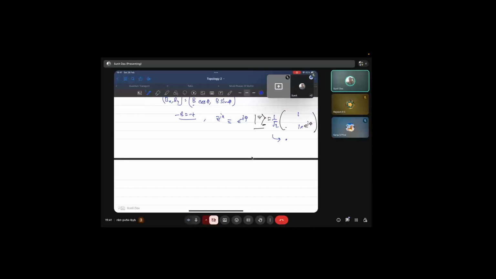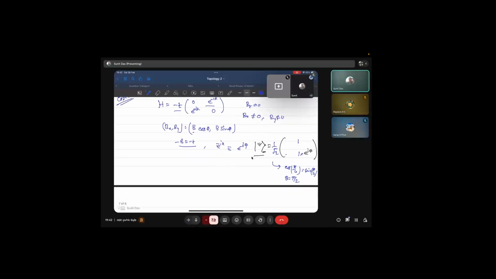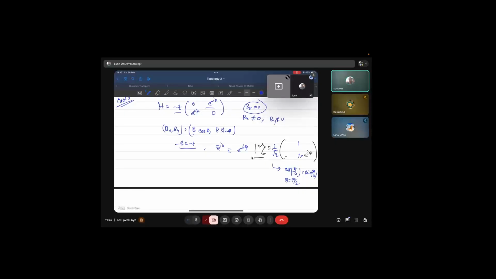So this is the value of cos of pi by 4 equal to sin of pi by 4, because we have theta equal to pi by 2 in our case, and this comes from Bz equal to 0. Am I right? Yes, cos theta is 0.